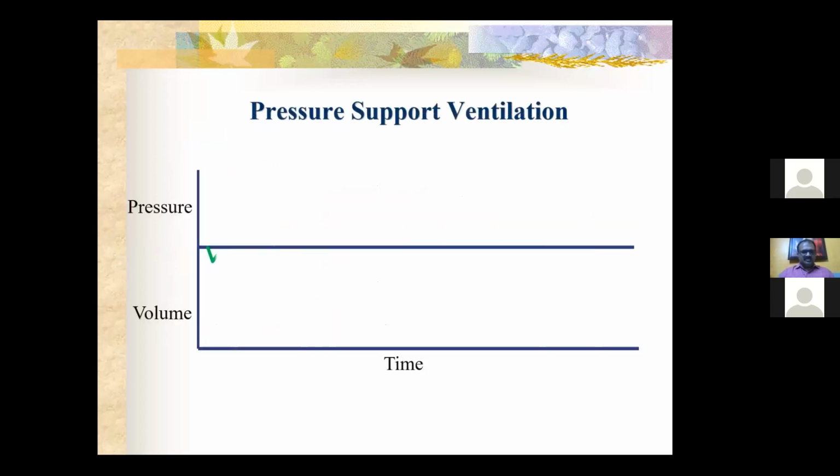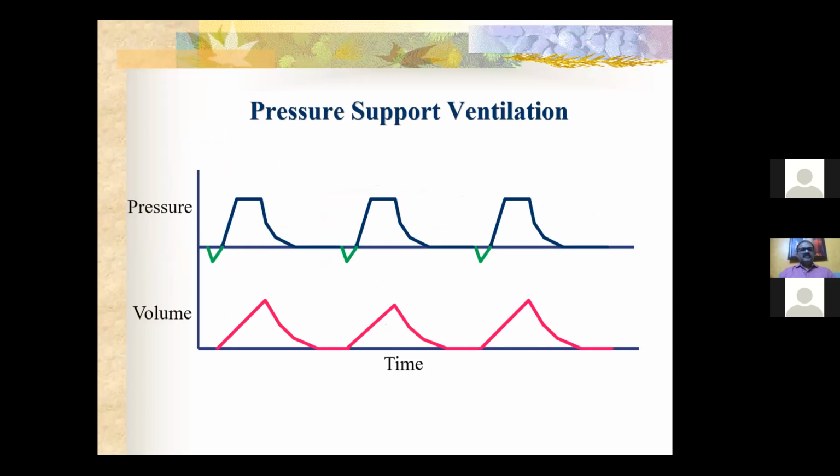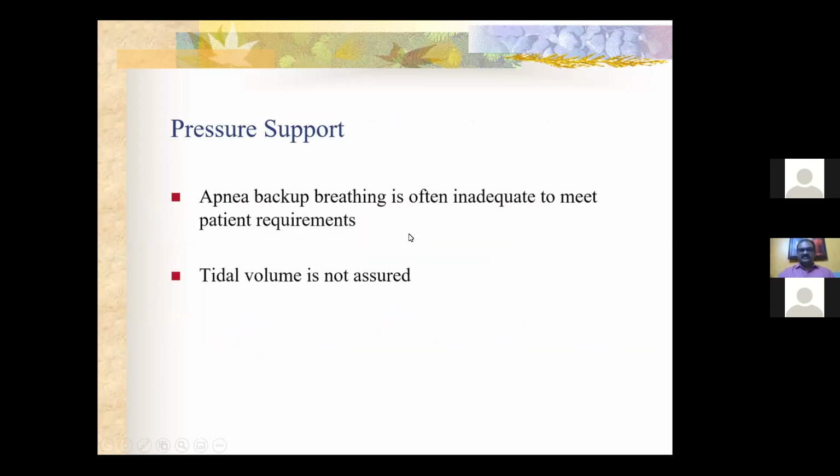So this is what you're going to see in the pressure support. All the respiratory efforts are being triggered by the patient, and all the triggered breaths are being supported with the preset pressure. That is how you see it in pressure support ventilation.